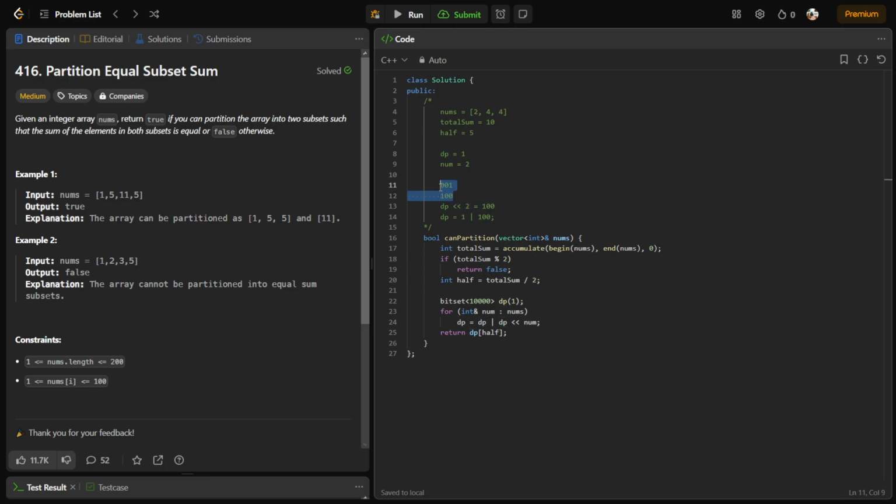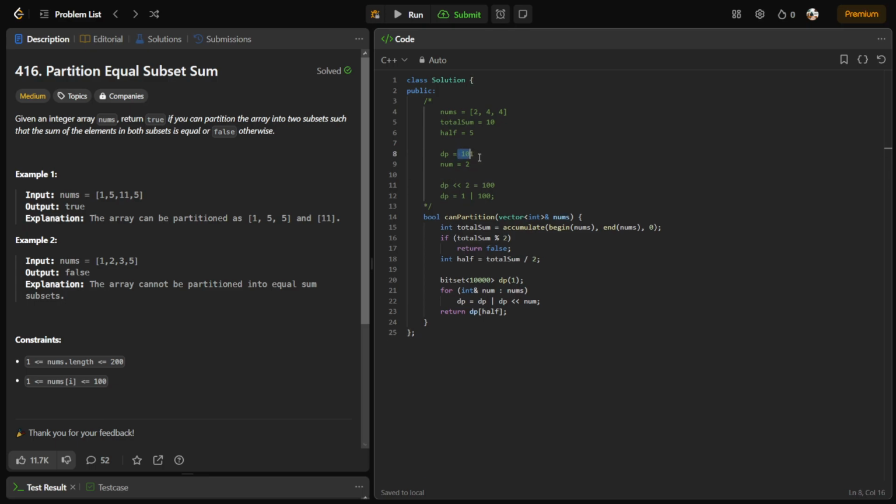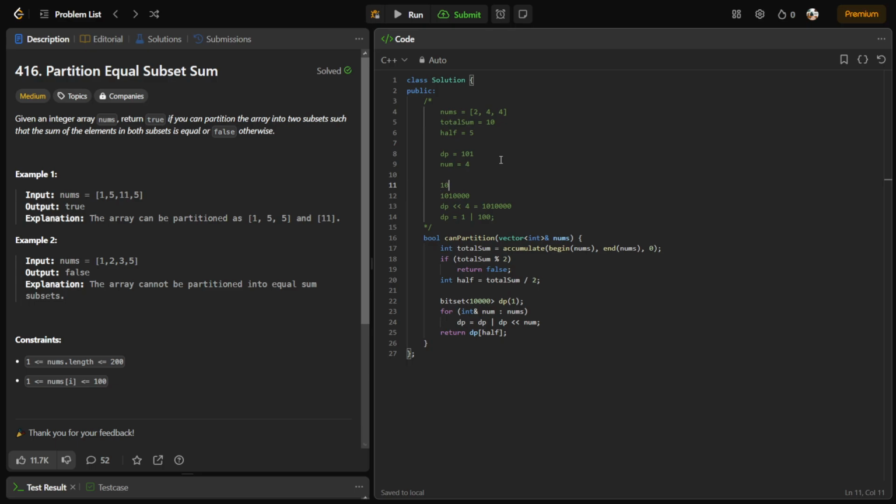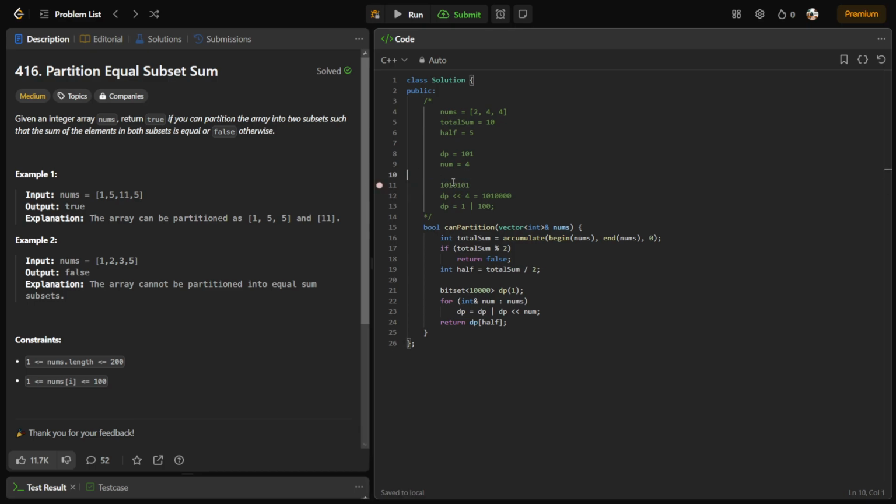Okay, so we get 101. Alright, so next we have 4. So we have to push 101 4 bits, adding 4 zeros, and again 101 itself. Right, so we pad it with the zeros in front of it. So again, using the OR operation, we will get this number.